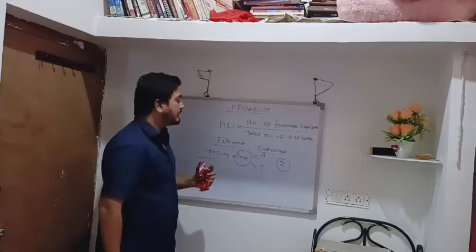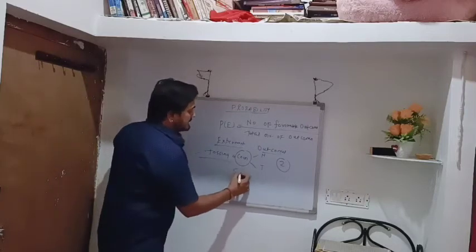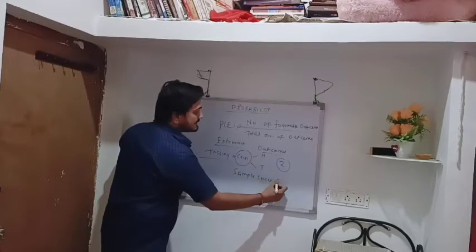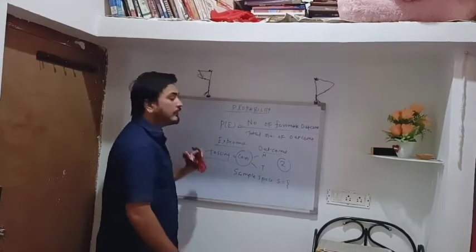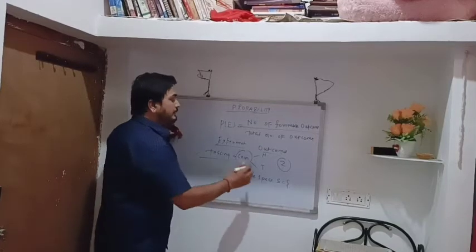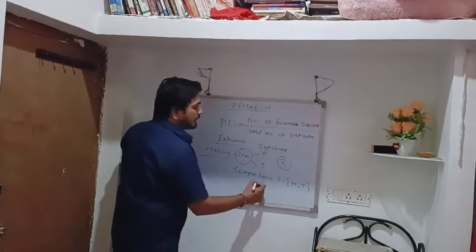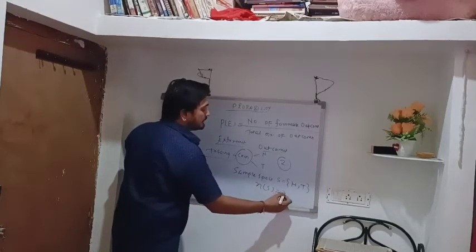What is the sample space? Sample space is denoted by S, and it is the set of outcomes. Here the sample space is head and tail, and the total number of sample space is equal to 2.